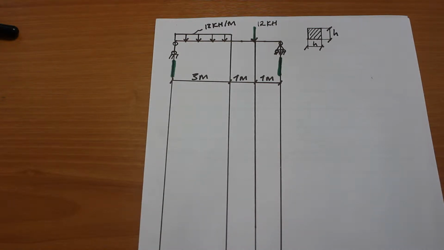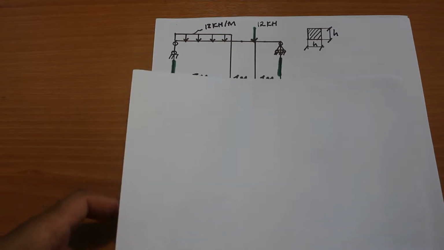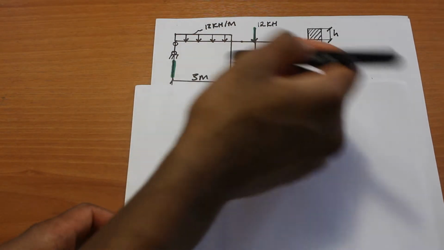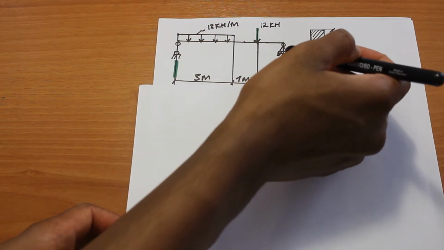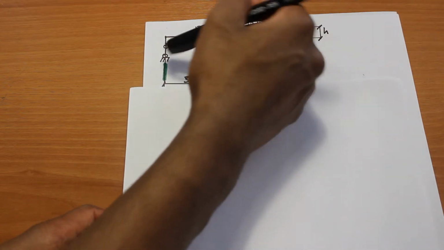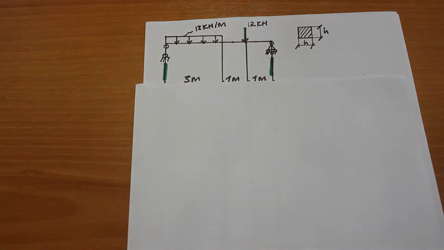For me to be sure in which direction it acts, I need to carry out a static analysis. This means I need to calculate the magnitude of these 2 forces that I've replaced the beam supports with.